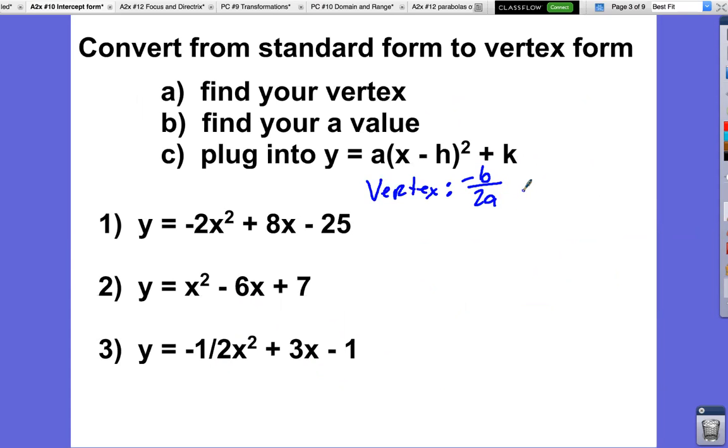So once you've written this down, I want you guys to take about a minute, if you need to, write down your a, b, and c, the 3 steps, and then find your vertex.